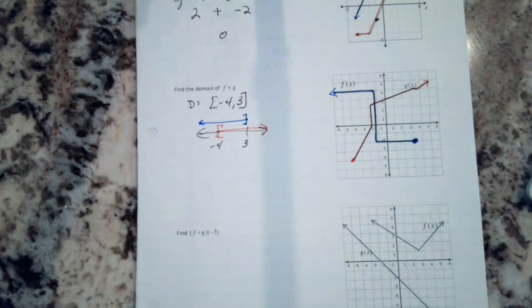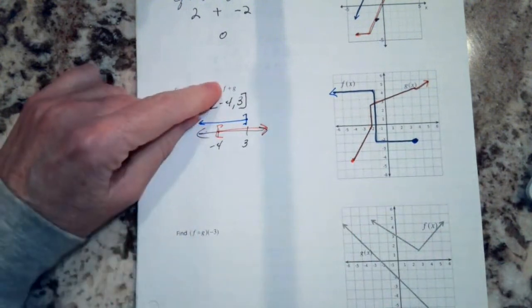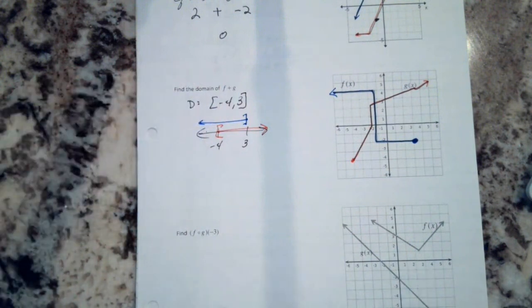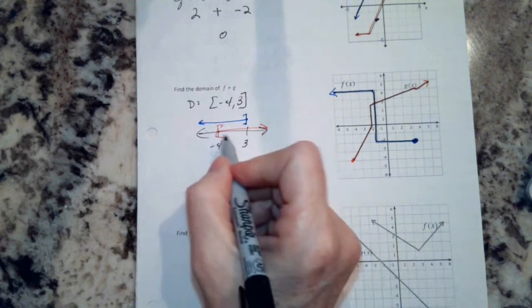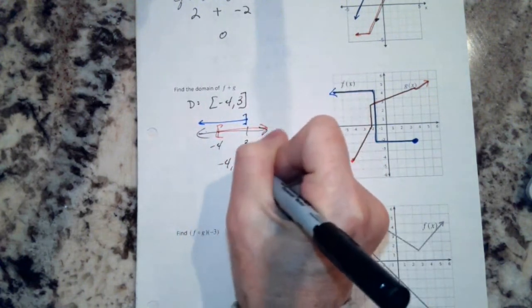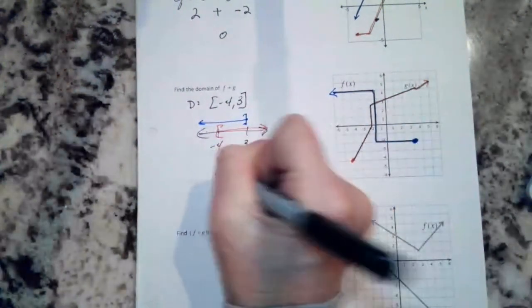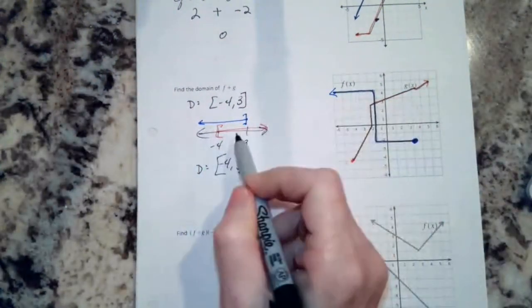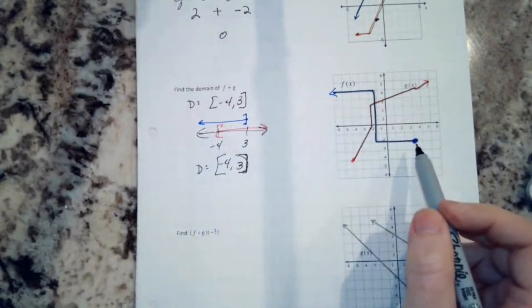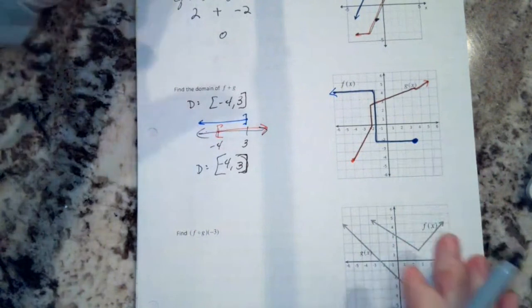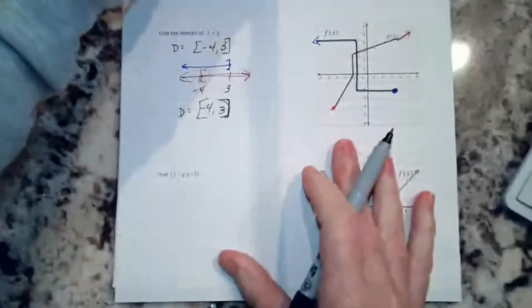And when we consider the domain for both of them, the domain for f plus g, we have to consider only where there's overlap, only where it's good for the blue and good for the orange. So that's this gap right in here between -4 and +3 with brackets, because it includes both of them. So that's the domain if you want to make number lines out of these domains. Whatever works for you. We're not doing a ton of them, obviously.